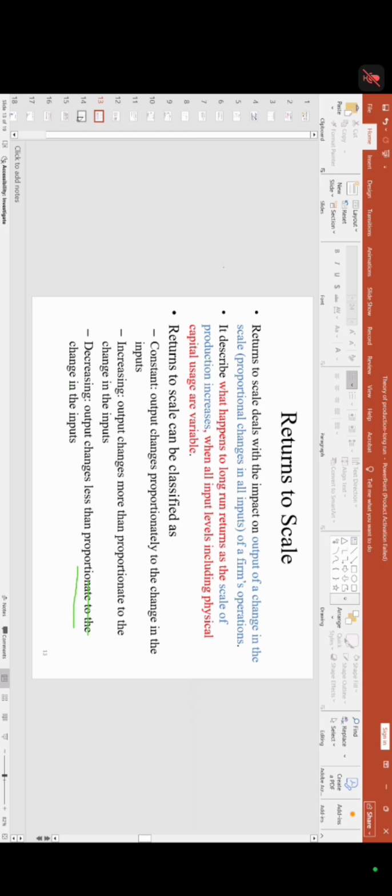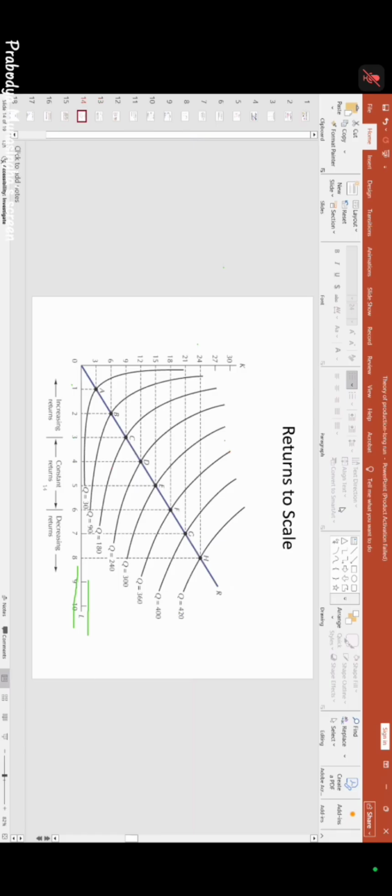Yes. So here, look at what has happened. So these are your isoquants. Assuming that this is curve C, that is 180. Okay? 180.